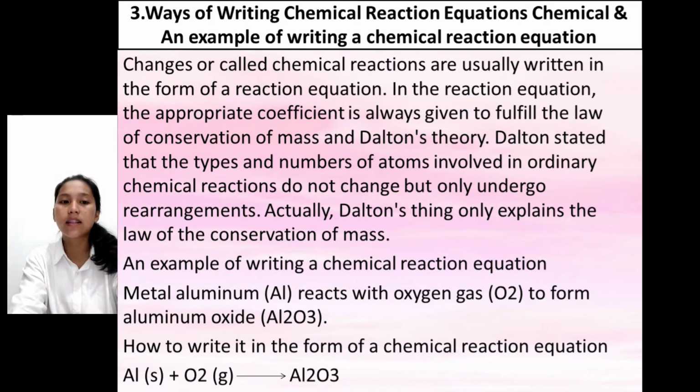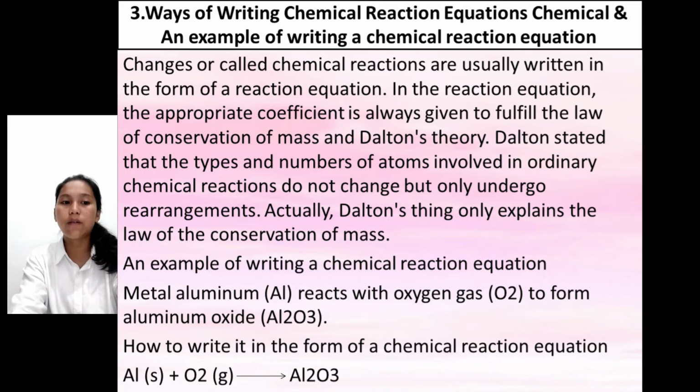Dalton stated that the type and number of atoms involved in ordinary chemical reactions do not change but only undergo rearrangements. Actually, Dalton's theory only explained the law of conservation of mass.